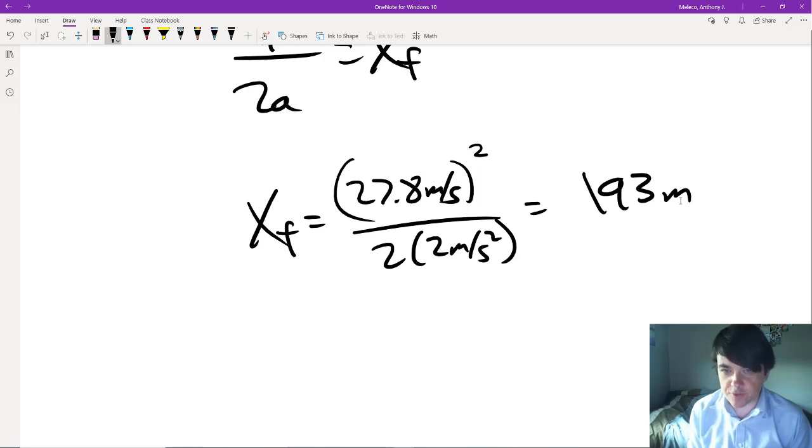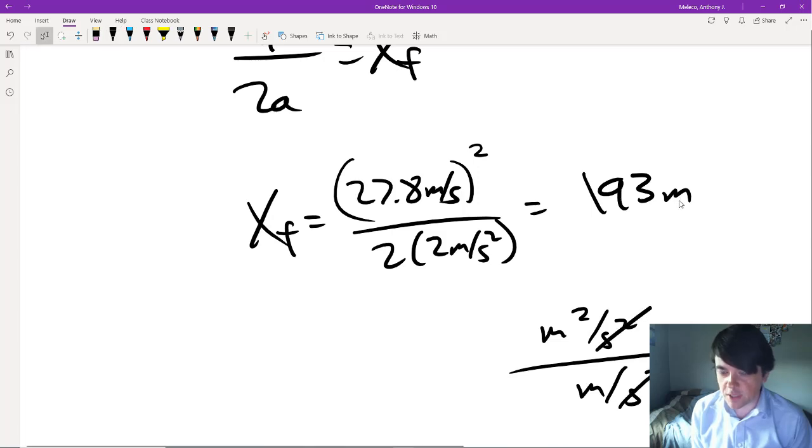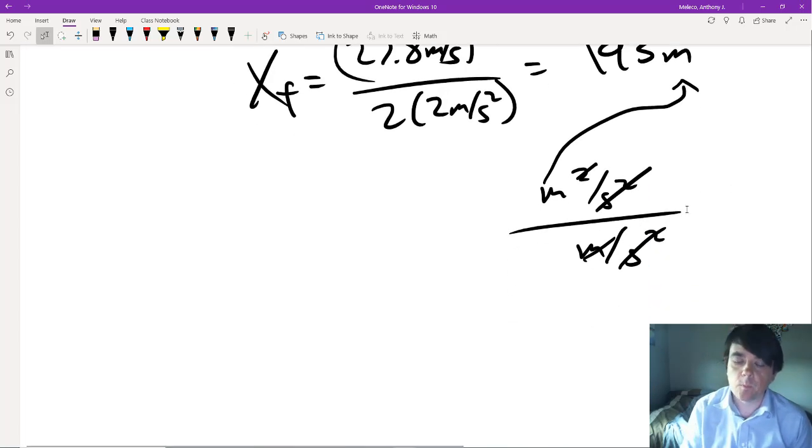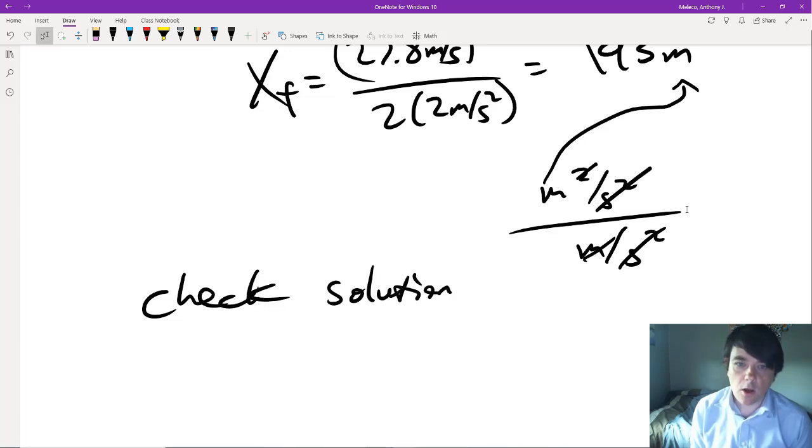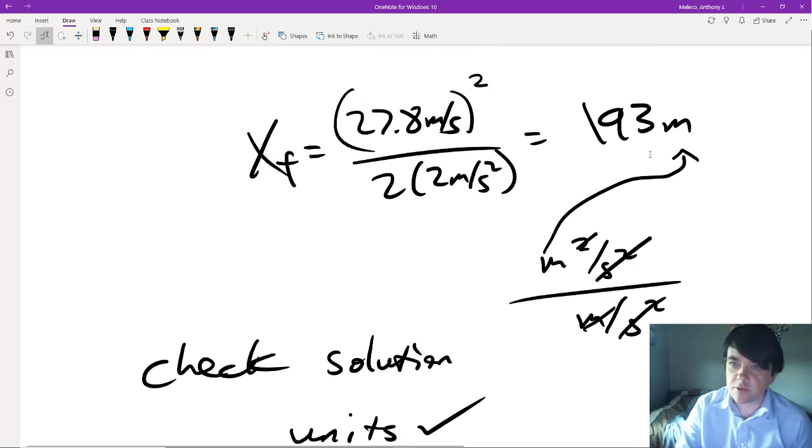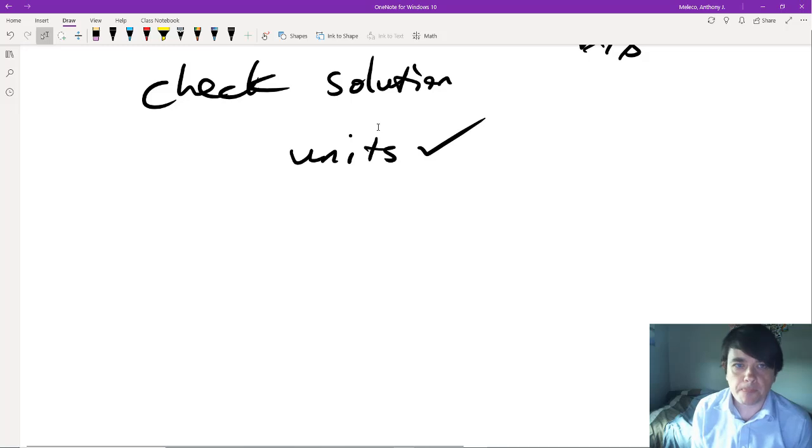And if you're curious what the units are, we're squaring meters and seconds, so meters squared per second squared on top, divided by meters per second squared on the bottom. These guys will cancel, and this will leave us with units of meters. So check the solution. Units check out, meters, which is the units of length.